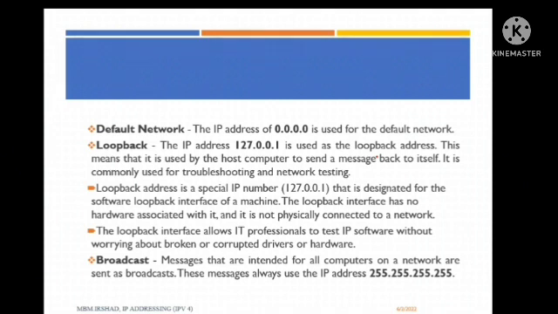This message always uses the IP address 255.255.255.255. So when PCs or devices want to talk to each other, they use 255 as the default broadcast address, just to broadcast.